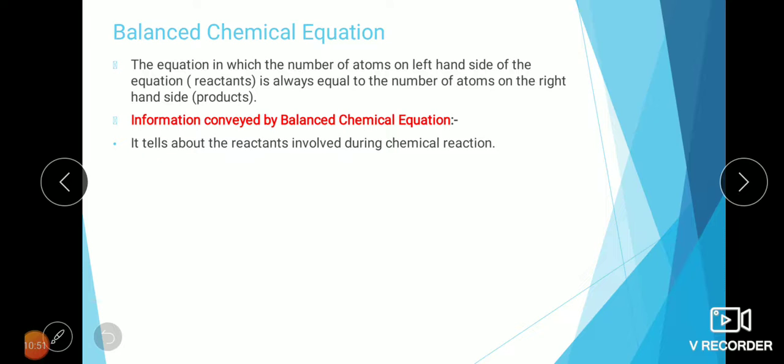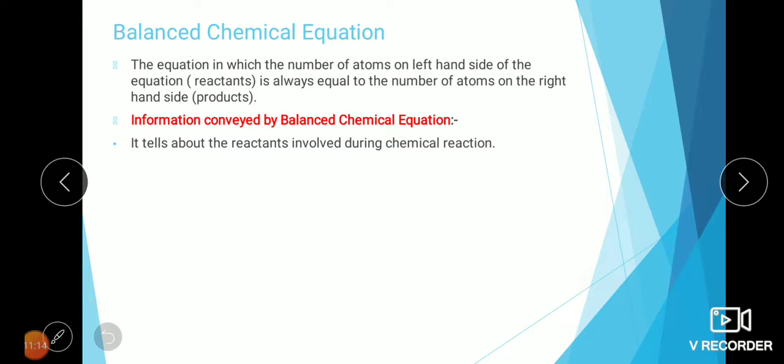Now, what information is conveyed by a balanced chemical equation? Please remember, in chemistry everything has some information. Like symbols convey some information, and chemical formulas also indicate some information. So from simple forms we can get a lot of information.